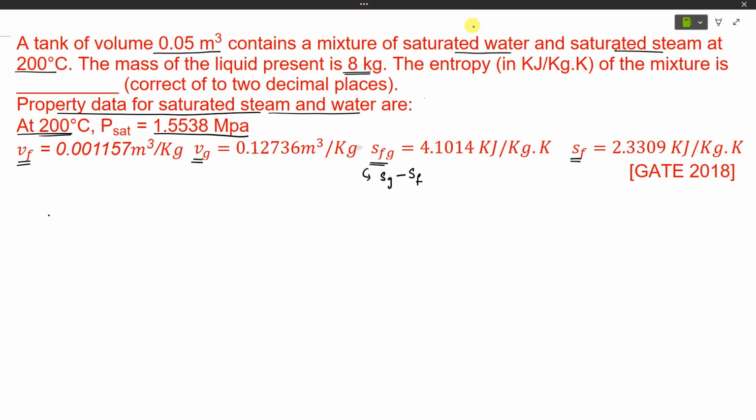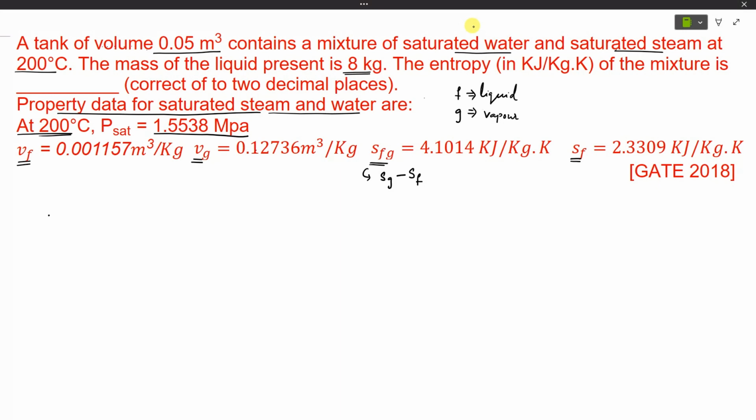So basically here the subscript F is used for liquid and subscript G is used for vapor.